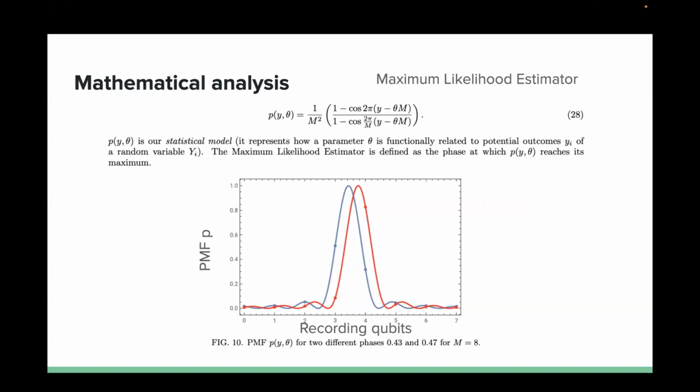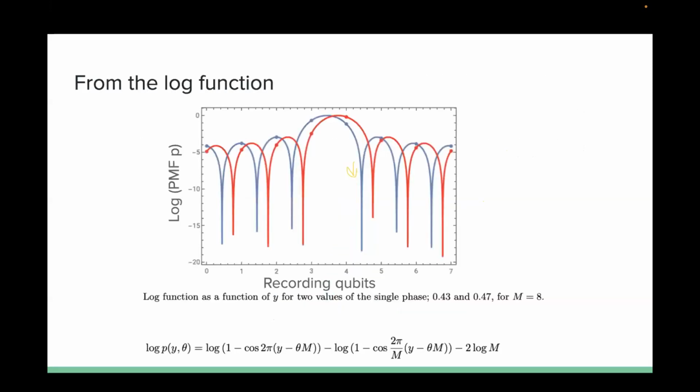We have been working on what we call the maximum likelihood estimator according to our probability function, and the information of the estimated phase comes from the probability distribution in our case. This same information can be obtained from what we call the log function of this probability distribution. That is what I'm showing here.